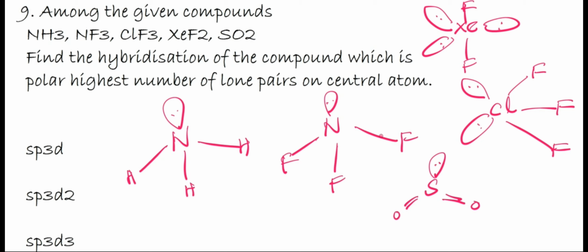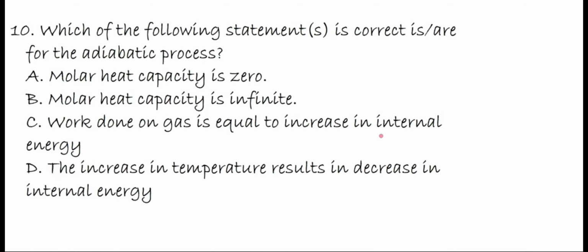Just tell me in the comments which one is correct. If you are taking this, XeF2 becomes the right answer. That will have the highest number of lone pairs in it. What is the hybridization of XeF2? Just find it out and put it in the comment box.